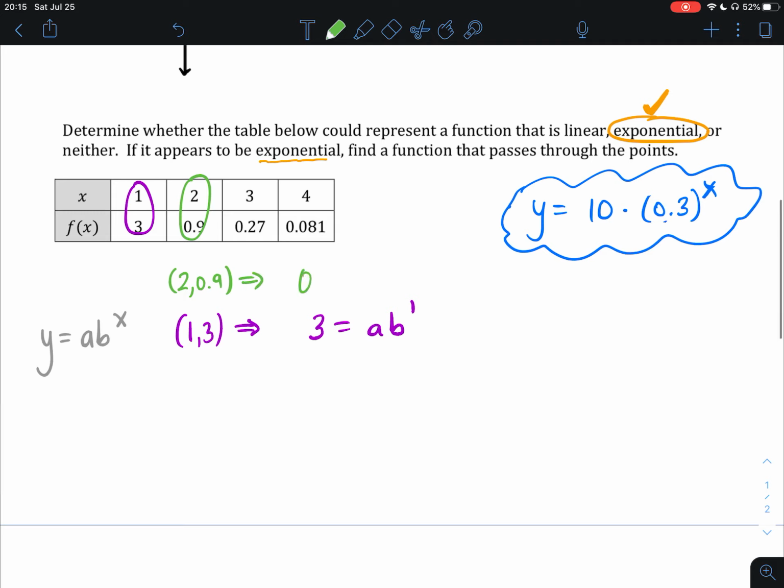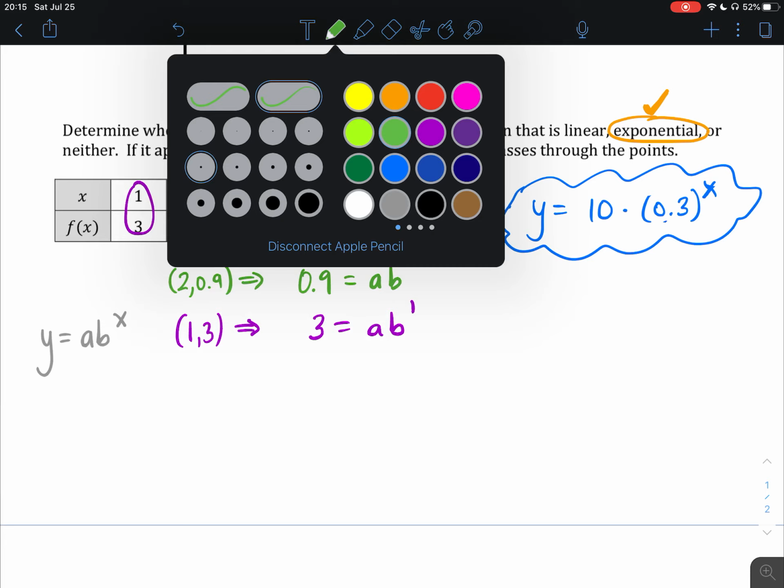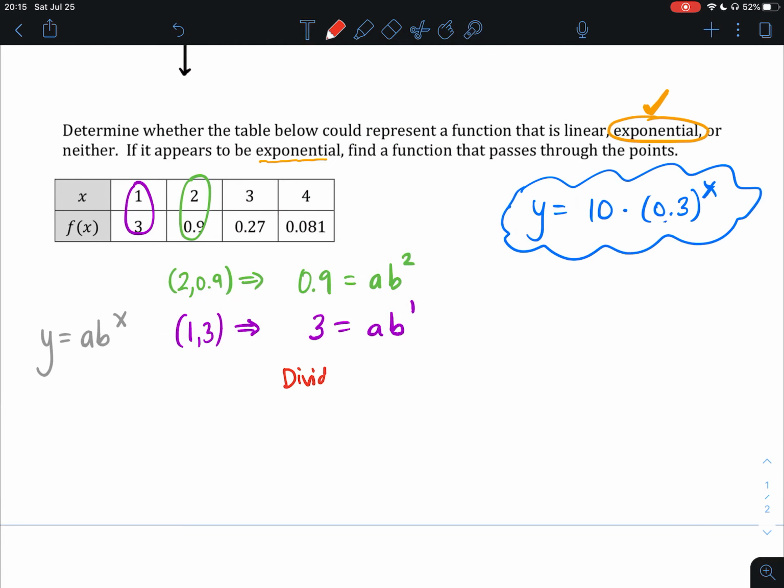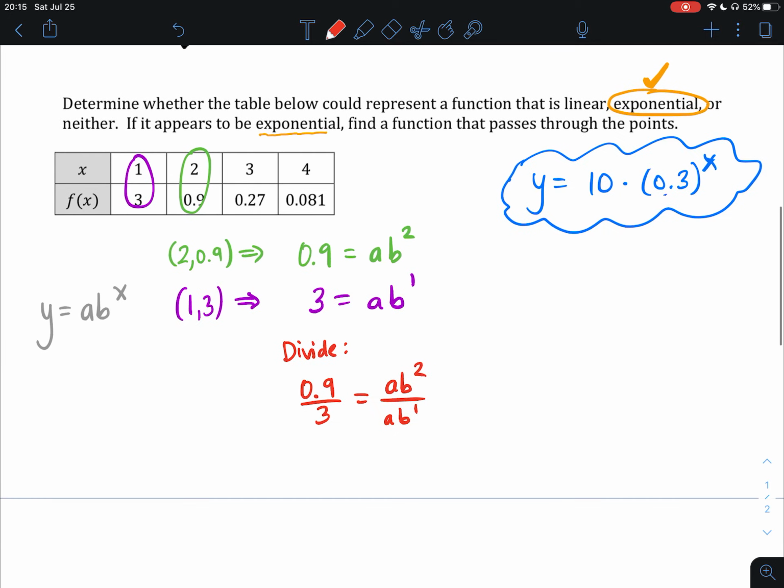So plug in the 0.9 for the y, plug in the 2 for the x. And then all we're going to do is divide these two equations. It's a little weird to think about dividing equations, so I'll write it out again. We're going to divide the 0.9 by the 3 on the left, and divide the ab squared by the ab to the first on the right. So we're basically sticking a big division bar between them.